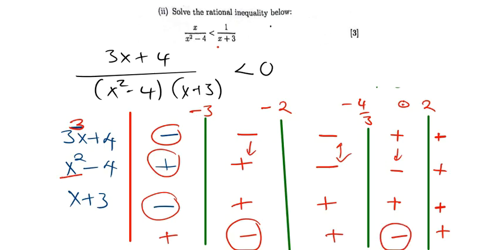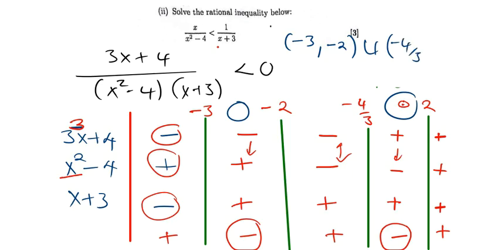So numbers between negative 3 and negative 2, and then also between negative 4 over 3 to 2. We're not using these brackets because there wasn't an equal sign. If it was equal to, we would have used those brackets. So that's a possible solution set for that rational inequality, as simple as that looks.